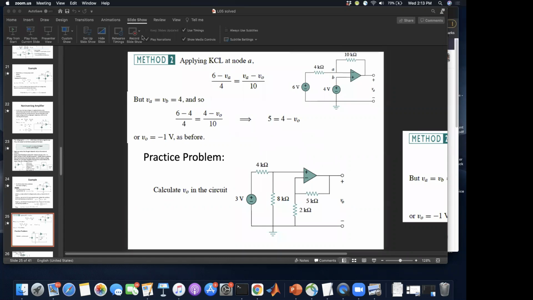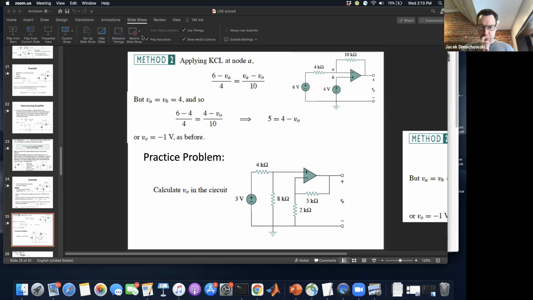And is it always mentioned in the question whether the op amp is inverting or non-inverting? No. If you're not sure, just apply KCL and solve for V naught. Sometimes it will be obvious.